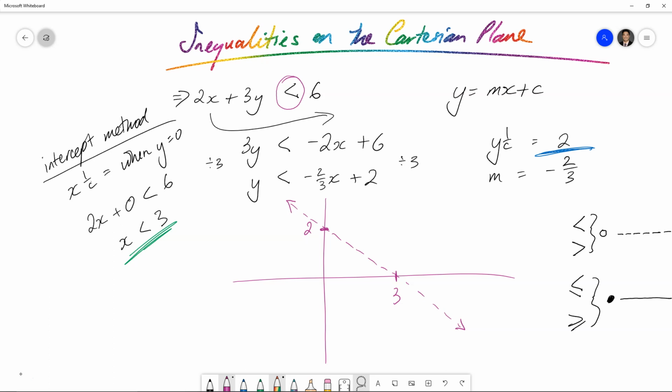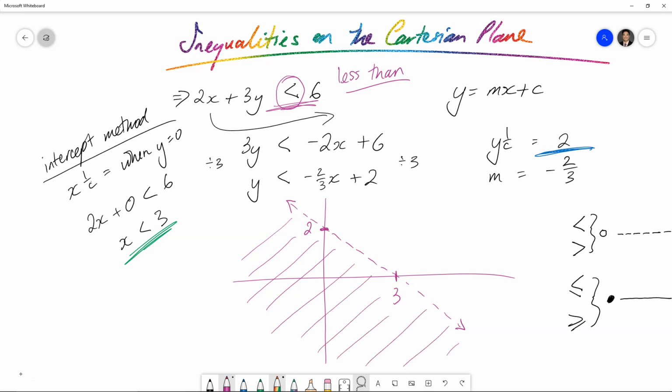And because it is less than, we are going to shade everything below, because it is less than everything under there. So y is all the values that are less than and below that line, not including any values on that line. Okay.